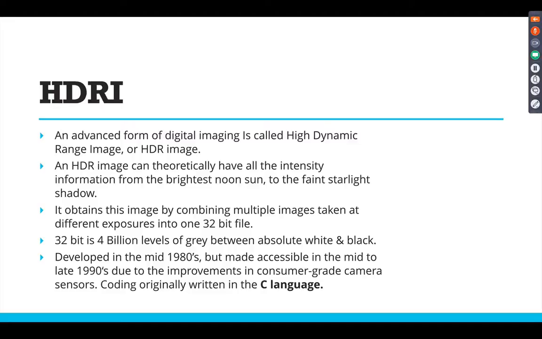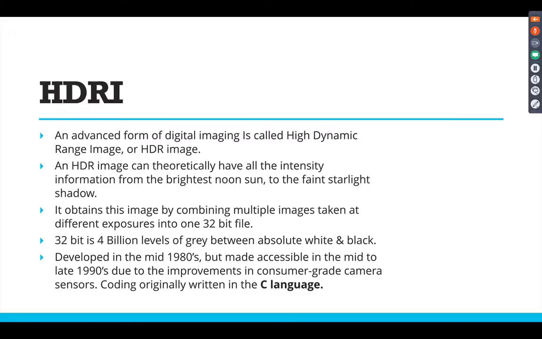Now, the thing that makes this a really big deal: when we're doing 8 bits of information, we generally have 256 levels of gray, right? Between absolute white and absolute black. When you do 16, you have more. When you do 24, you have more.